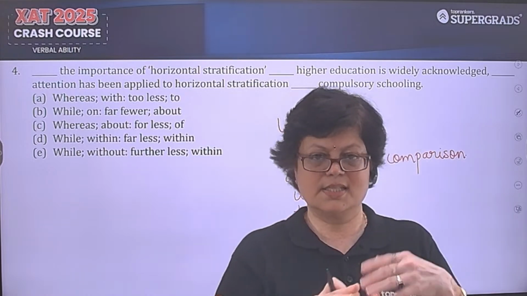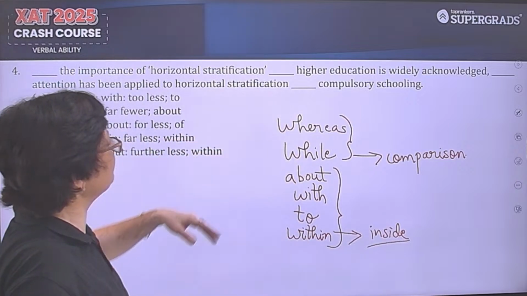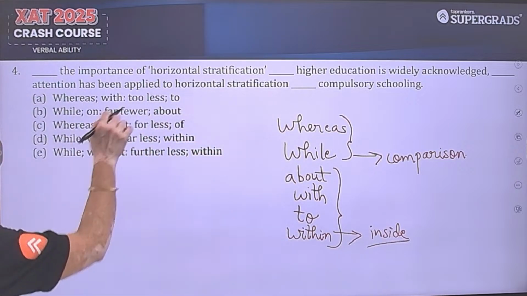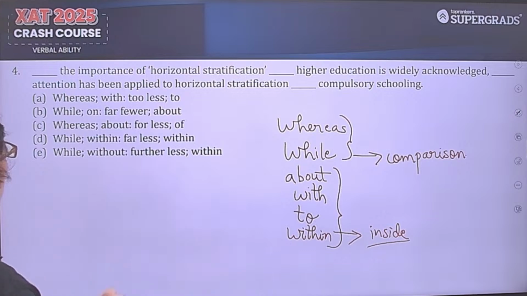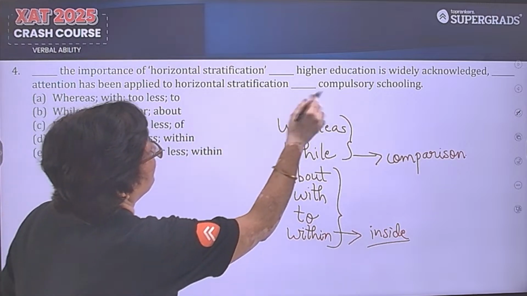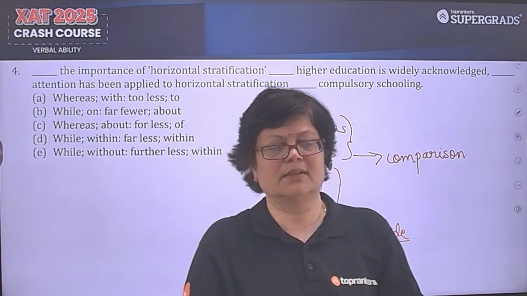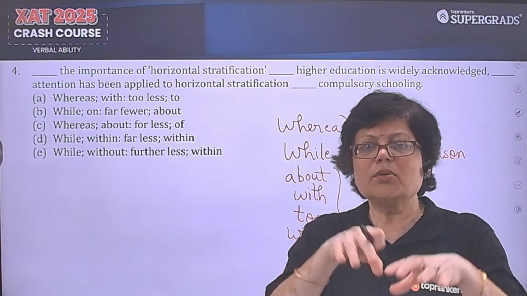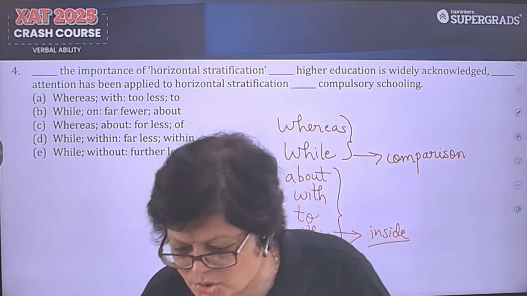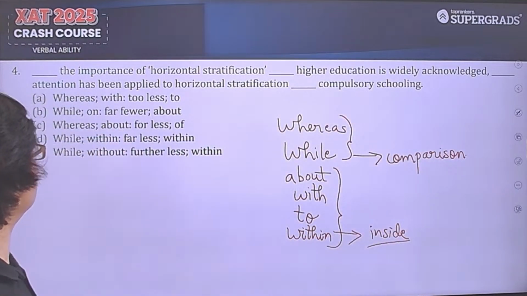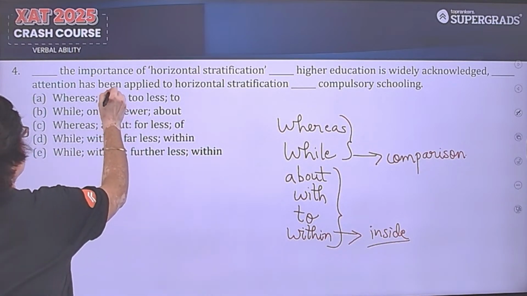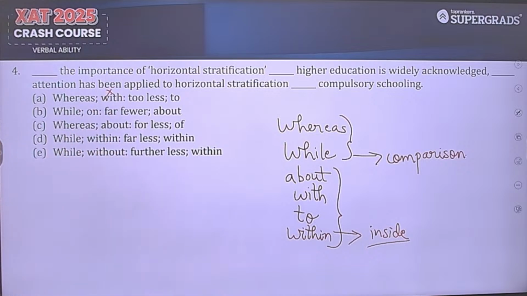With is a preposition, but does it fit in here in the second blank? No, it has to show something in, something including, something containing that. So with has to be eliminated.